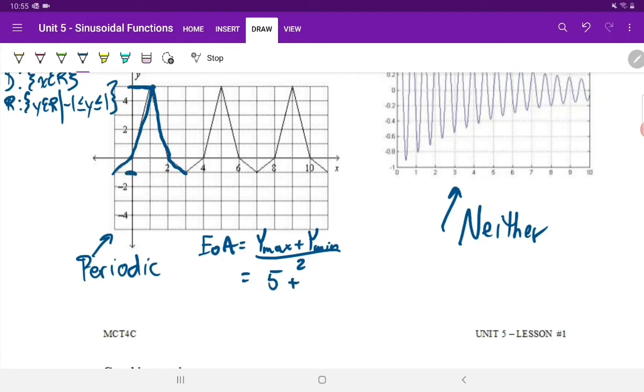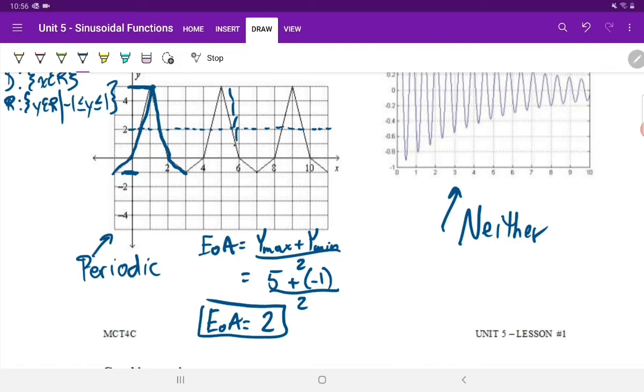Our min value here is -1, and divide by 2. 5 plus -1 is 5 minus 1, divided by 2 is 2. So our EOA occurs right here, through y equals 2. There's your middle, which makes sense. There are like 3 squares above, 3 squares below. That's definitely your middle.